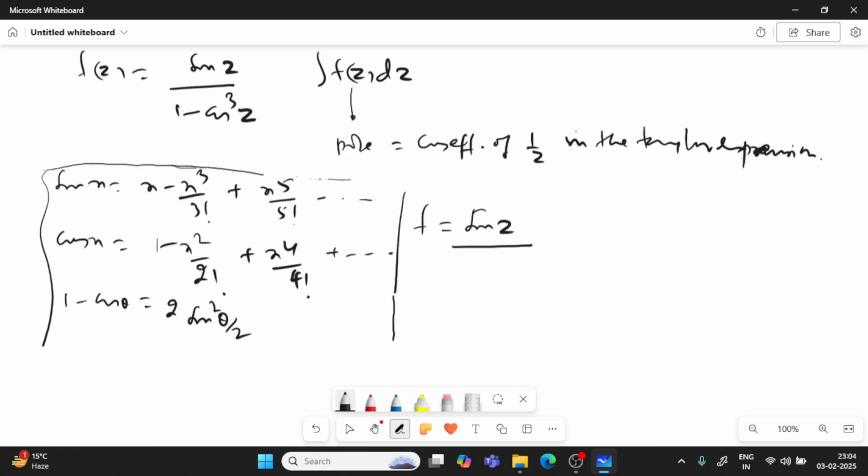These are the expressions of sin x and cos x. Using these, we find the expansion of f of z. So firstly we simplify f of z, which has 1 minus cos z cube.